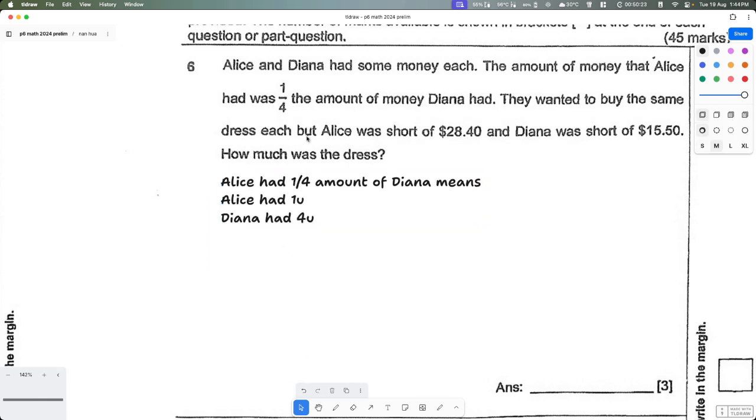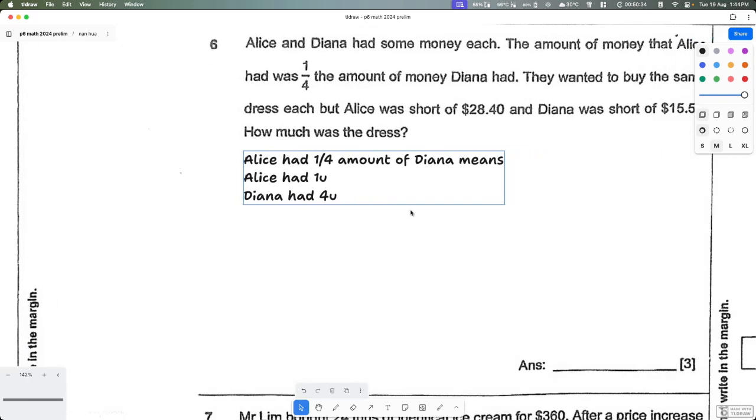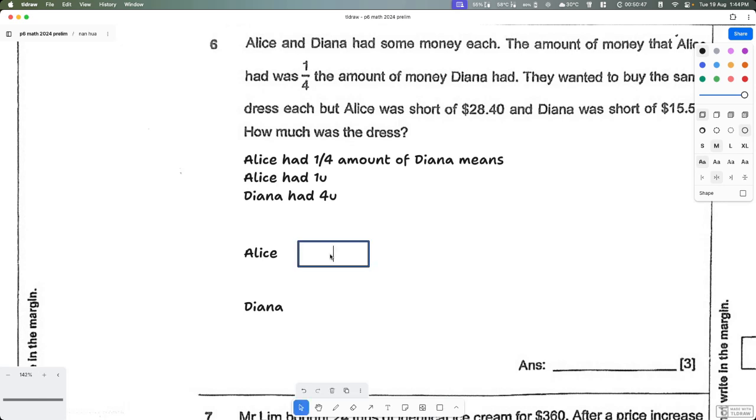They wanted to buy the same dress, but Alice was short of $28 and Diana was short of $15. We can do the units part, but we can also visualize it. If I were to draw Alice and Diana, and they wanted to buy a dress, let's draw out the units.